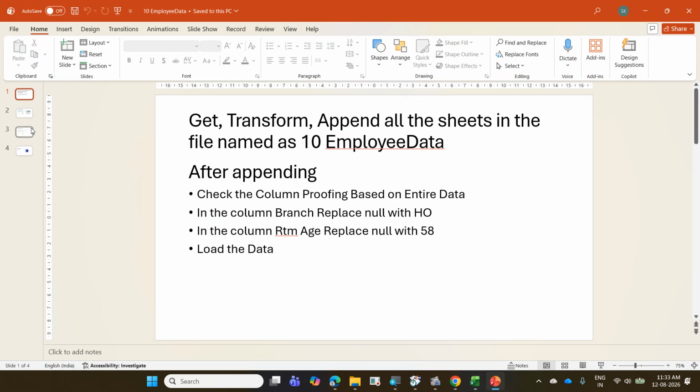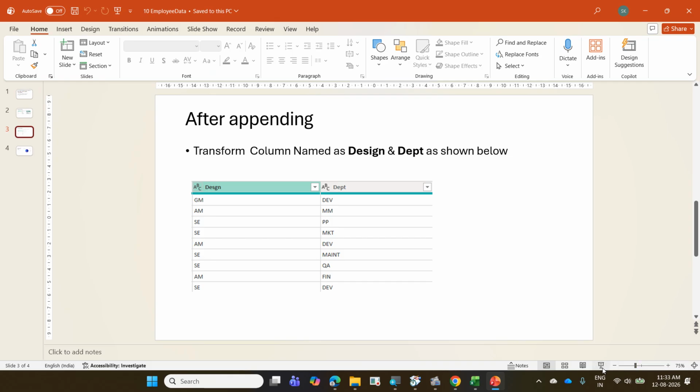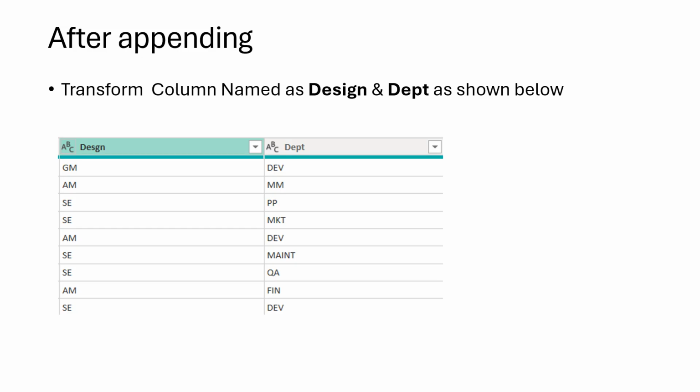I don't want General Manager within brackets (GM). I want only GM, AM, SC, AM, only those short names. Department: DEV, MM, PP, MKT. Both the columns are to be separated in the same area, not in a different area, the same area.